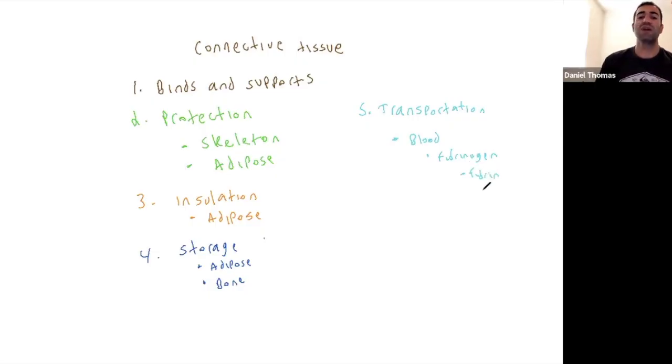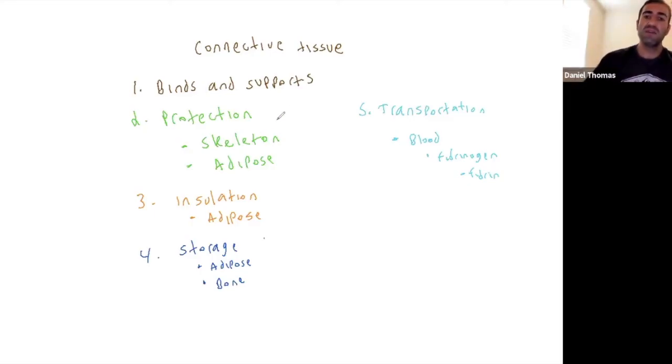These are actually strands of protein that act as clotting mechanisms. Because when you have clotting mechanisms, what happens is that you can repair trauma, you can repair damage. So fibrin makes blood a connective tissue. Blood transports nutrients all throughout the body. All of our cells need some kind of blood supply.